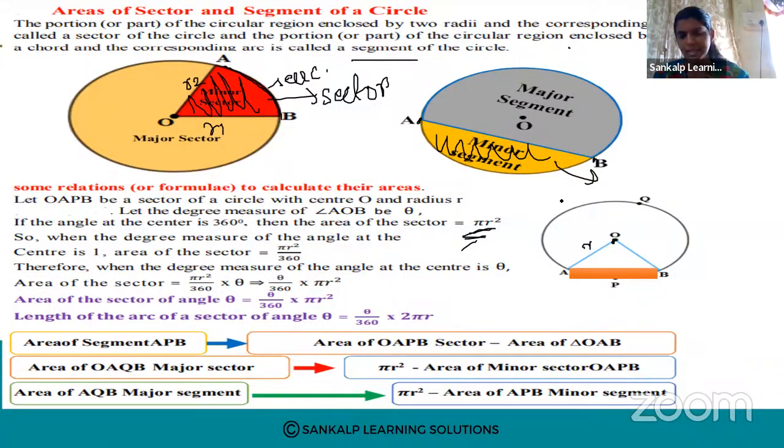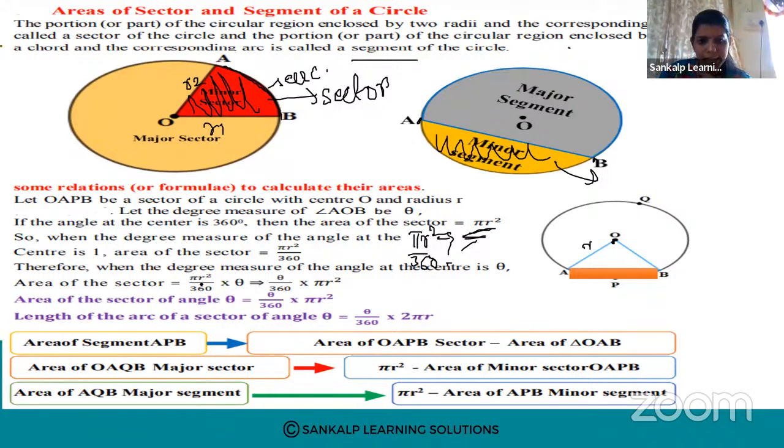So if we consider the full circle, the area of the circle is pi r square. If the angle is 1 degree, then the area of the sector is pi r square divided by 360. This is the total area of the circle and this is the total angle of the circle, right?